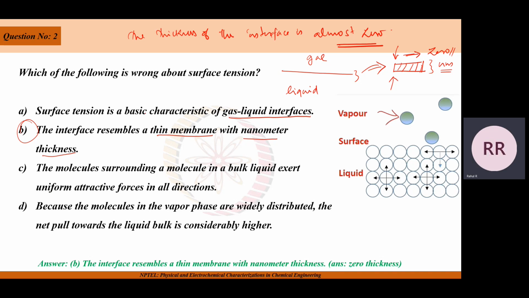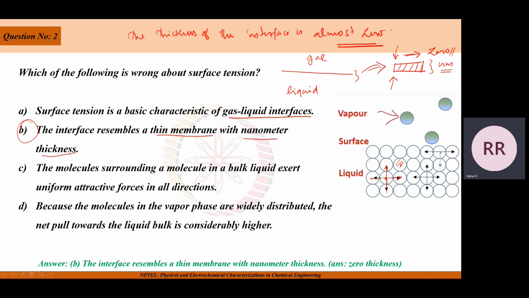So the first statement is true. It is a very basic characteristic of gas-liquid interface. And the second one, the bulk statement, is also true. Here we can see that this molecule experiences equal force of attraction from all the neighboring molecules.